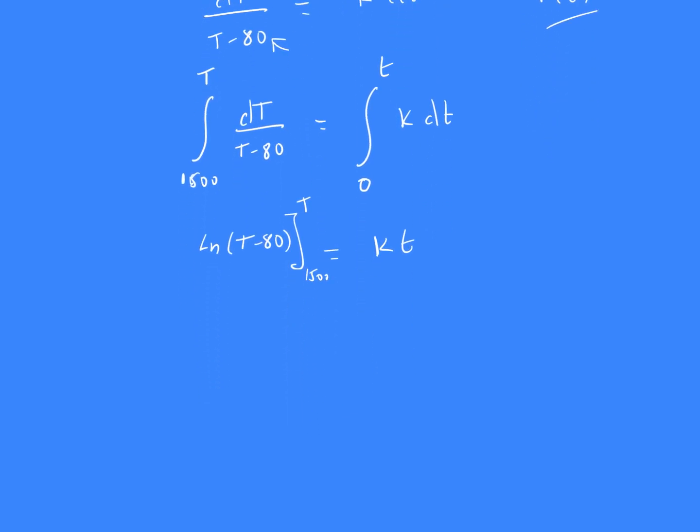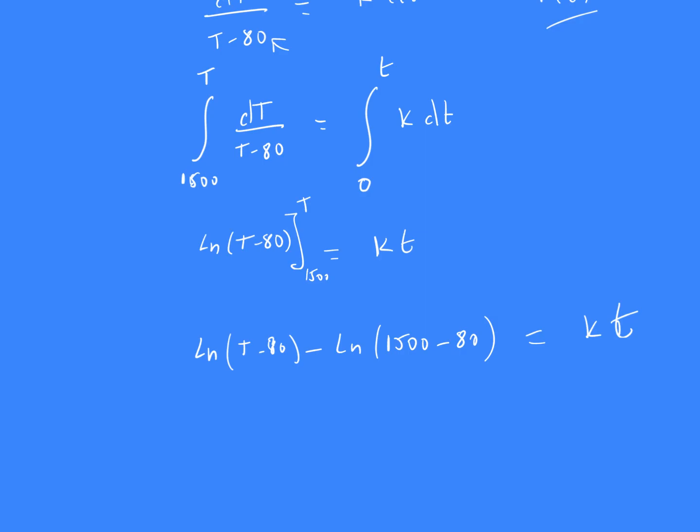So it will be the natural log of T minus 80 minus the natural log of 1500 minus 80, equal to kt.